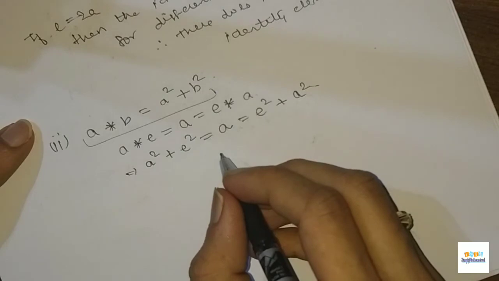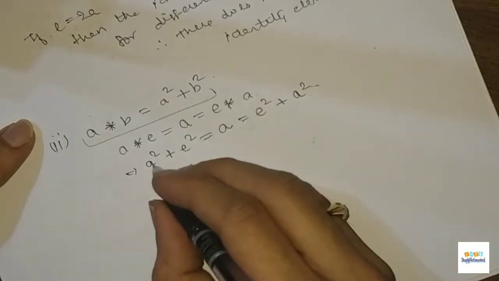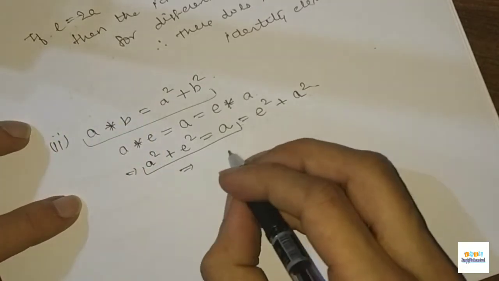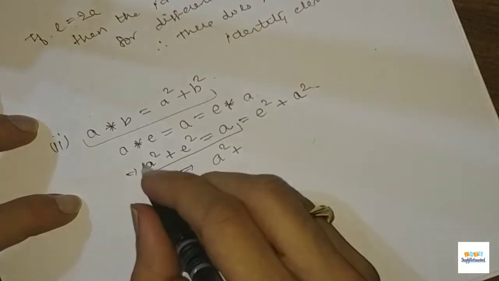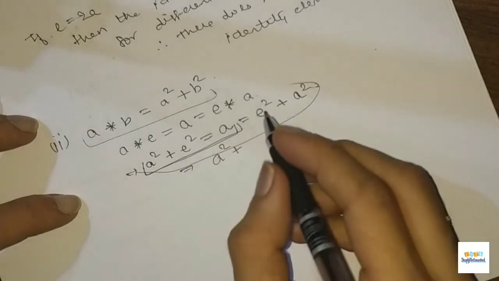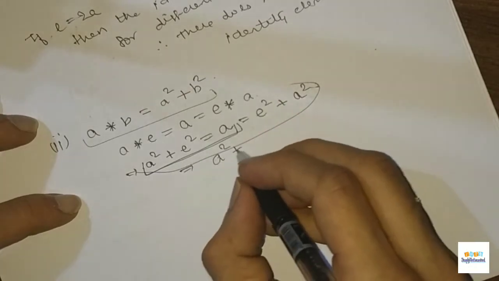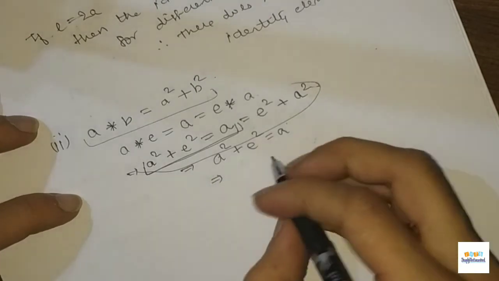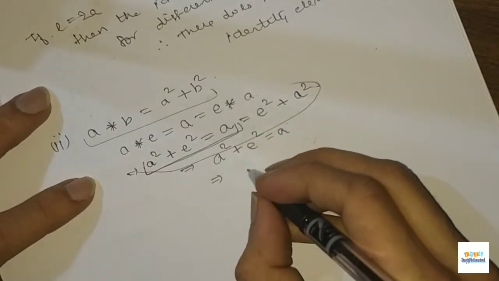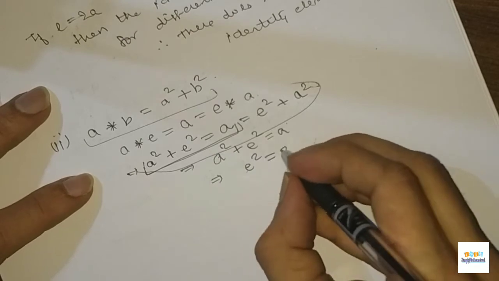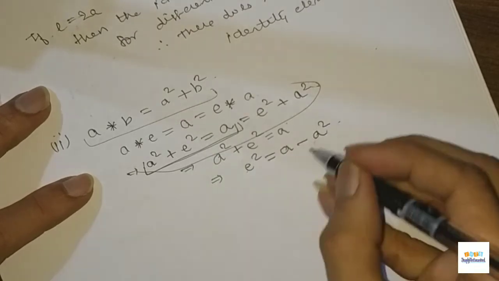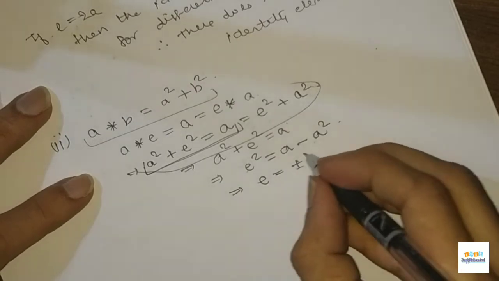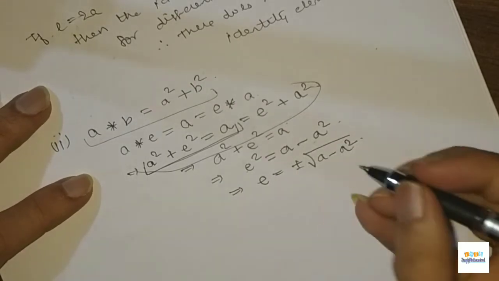If we take only the left part, a square plus e square is equal to a, so e square is equal to a minus a square, which is nothing but e equal to plus or minus root of a minus a square, right?